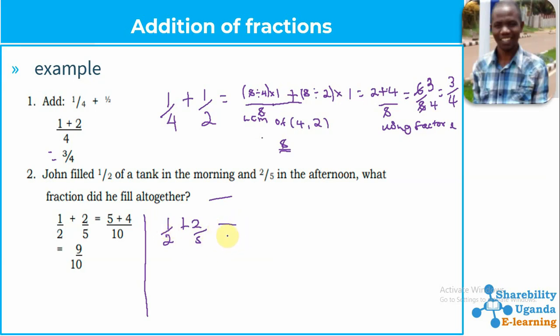So we get our LCM as 10, the lowest common multiple which can divide 2 and 5. What is 10 divided by 2? We get 5. 5 times 1, we get 5. We still add 10 divided by 5, we get 2. 2 times 2, we get 4.